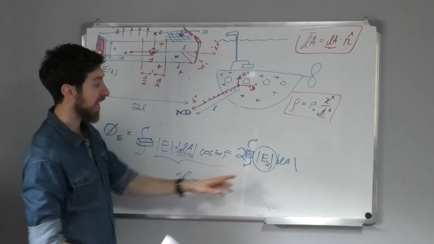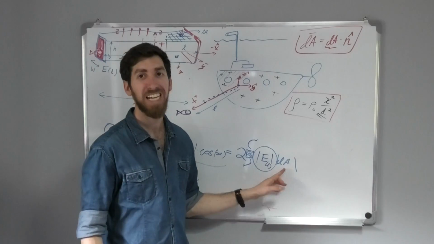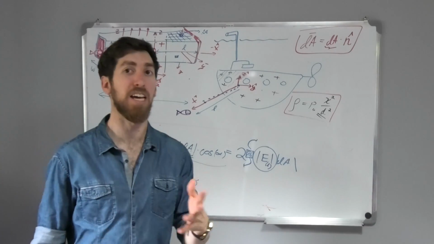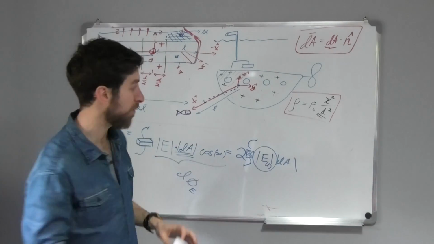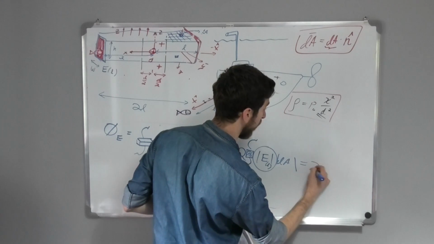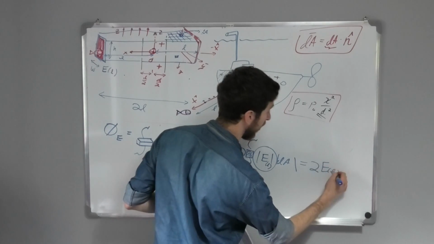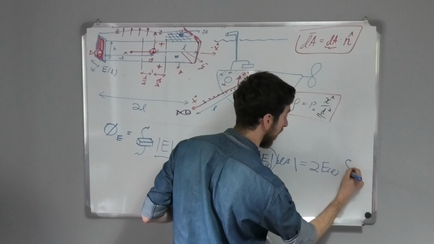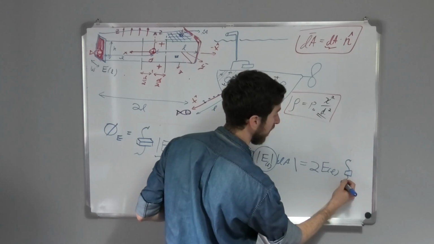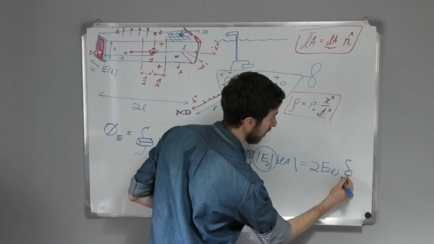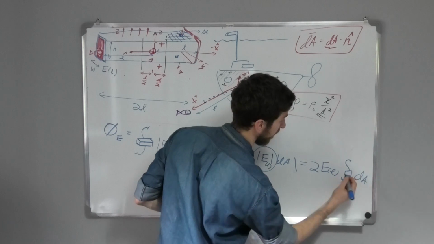And if this is E of L, it's not relevant to the dA. It's the same on every dA, so I can pull it outside of the integral. So this is 2E at the location L only. And this is the integral of these squares, these shapes, dA.